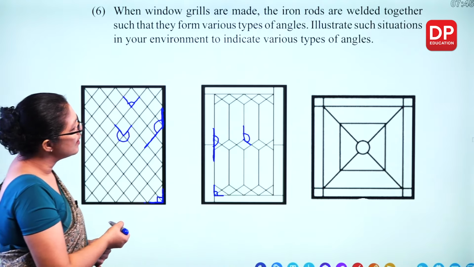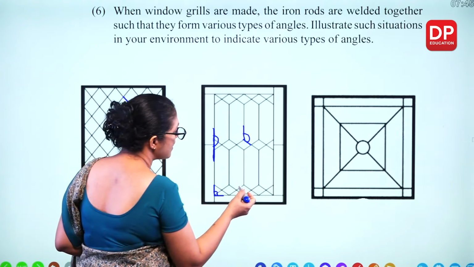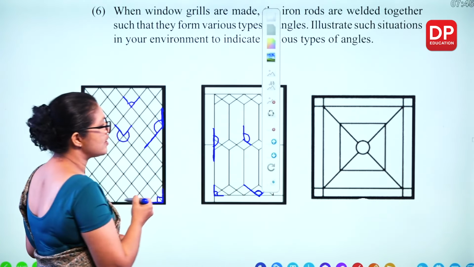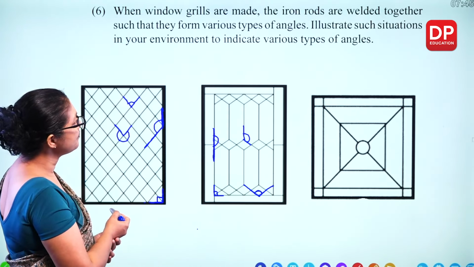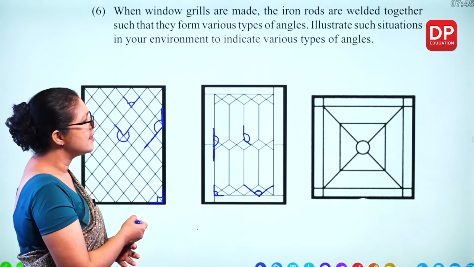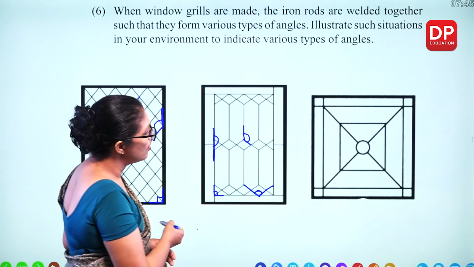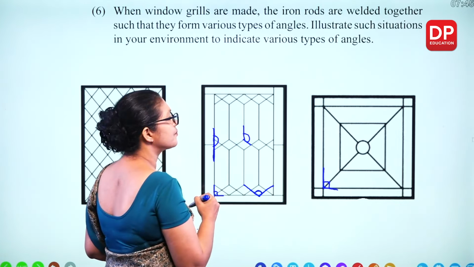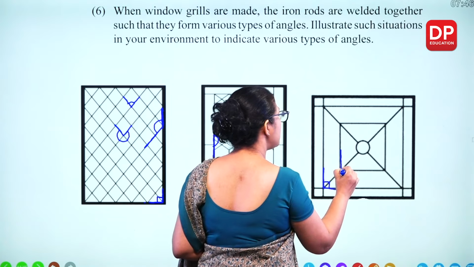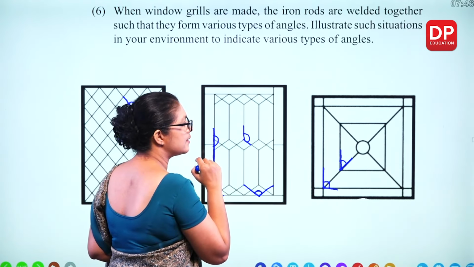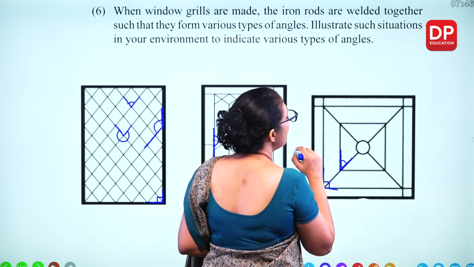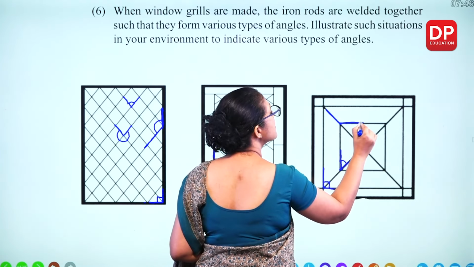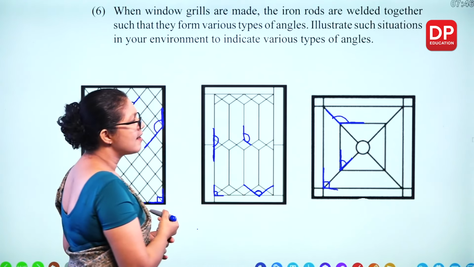And an acute angle I can see with these two. So various types of angles you see. Here also you get a 90-degree angle. And this makes an acute angle. And what else? Right angle, an obtuse angle here. Can you see this with this? You get an obtuse angle.